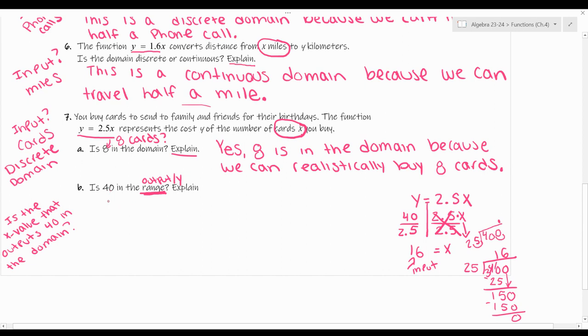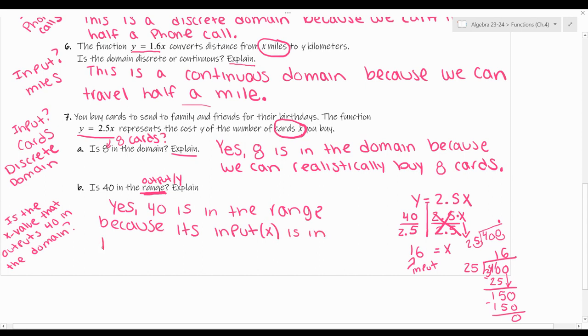So this was a lot of work to now say, yes, 40 is in the range because its input, x, is in the domain. A lot of work for that last little bit.